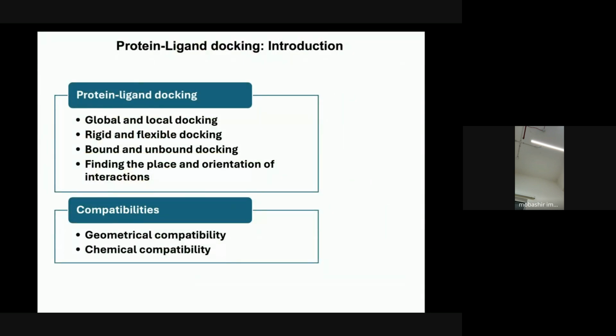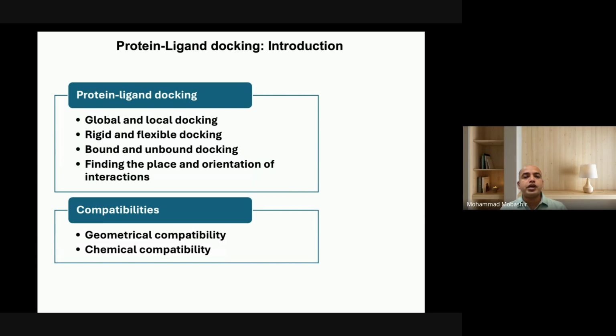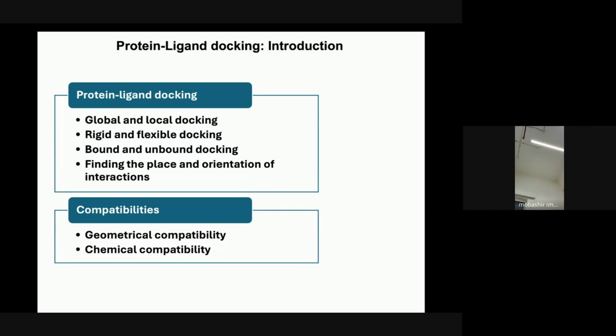In the introduction come the basic definitions related to protein ligand docking. The docking could be global and local, rigid and flexible, bound and unbound docking. In all kinds of docking, we have the goal to find the binding places and orientation for protein ligands.